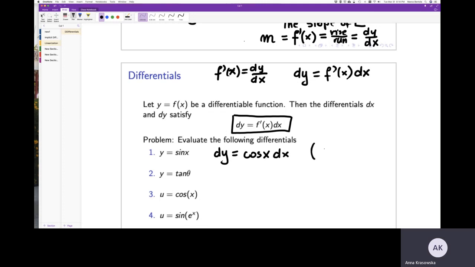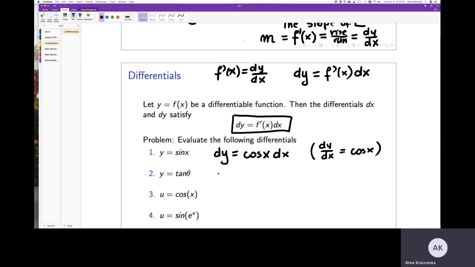You can think about this formula as dy dx, the derivative, is equal to cos x, and just move dx to the right hand side of the equation. You will use this computation a lot in your second calculus course, so it's very easy. If you know the derivative, you can easily write differentials.